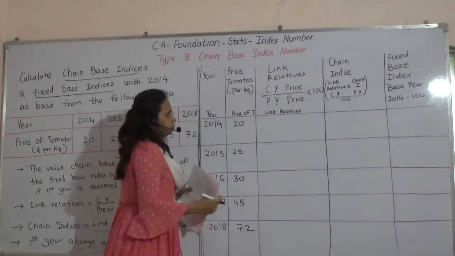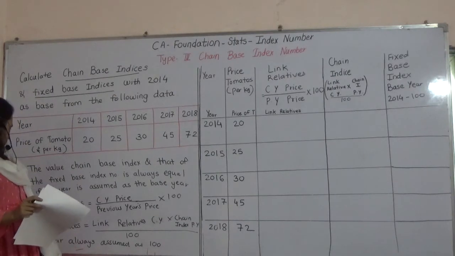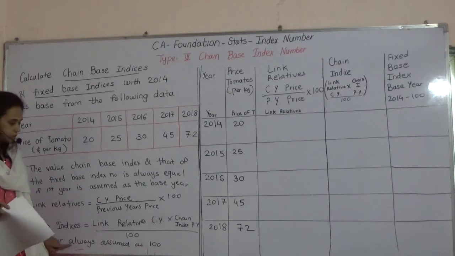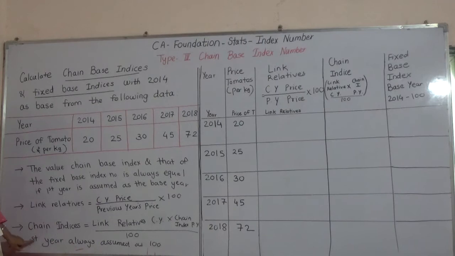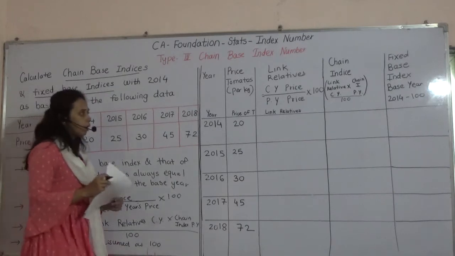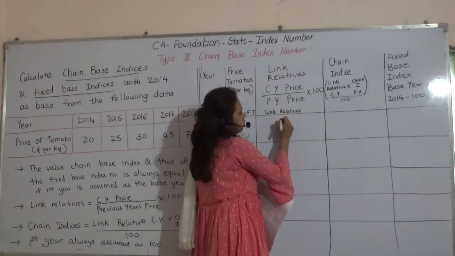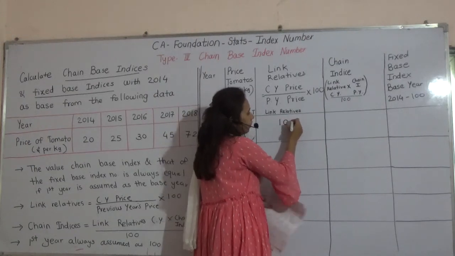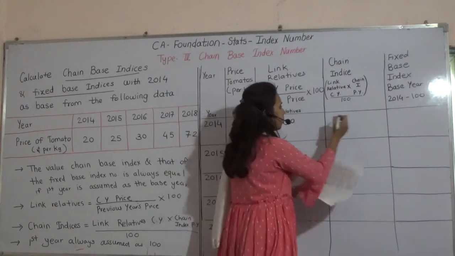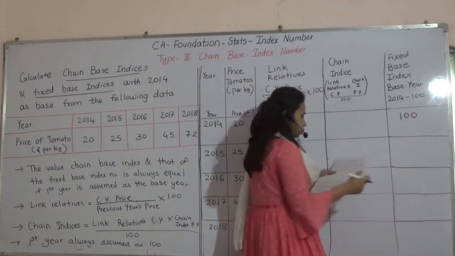One more thing. For the first year, both chain indices as well as fixed base indices should be 100. So here don't do any calculations. You are going to write simply 100 over here. Understood?